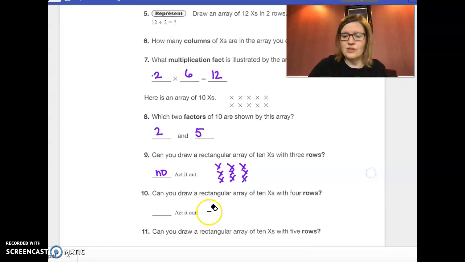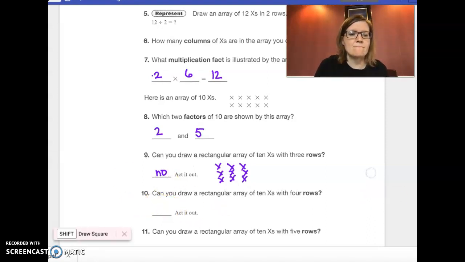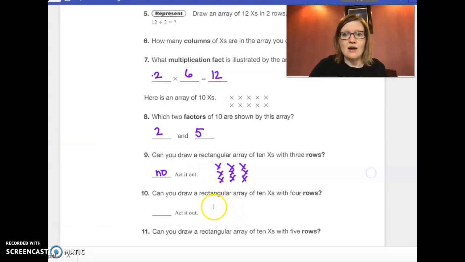But as you can see, with 4 rows, 4 is not a factor of 10 either, so we cannot do this, even trying that.